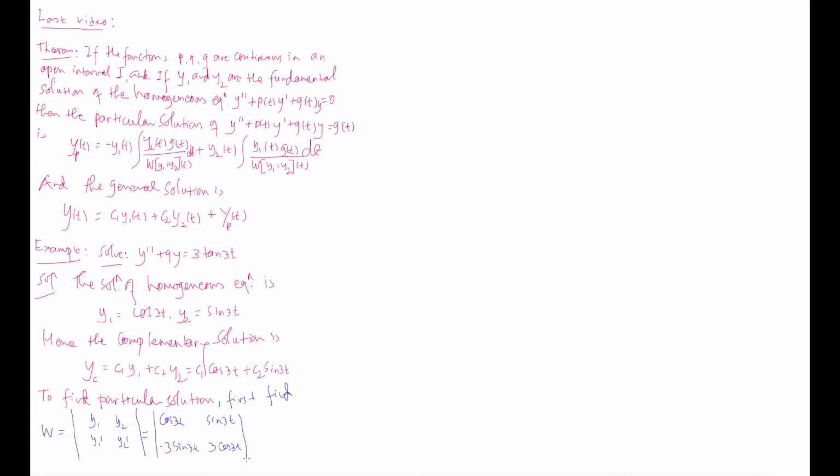If you find the determinant, cosine 3t times 3 cosine 3t is 3 cosine squared 3t, plus, because negative times negative is positive, 3 sine squared 3t.